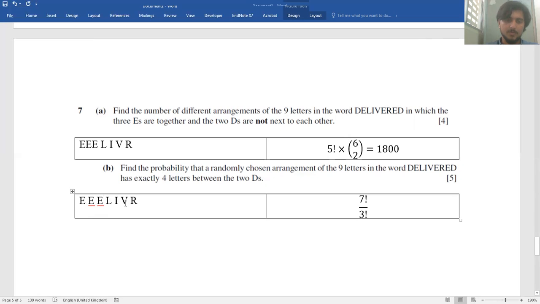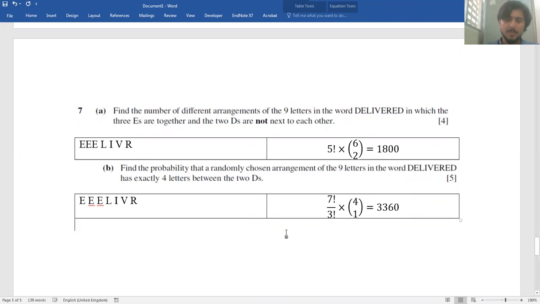And in the fourth position, 1, 2, 3, 4. Out of these 4, I need to select any one. So 4C1, and keep the D's in any of these positions, and I'll end up getting 3360.